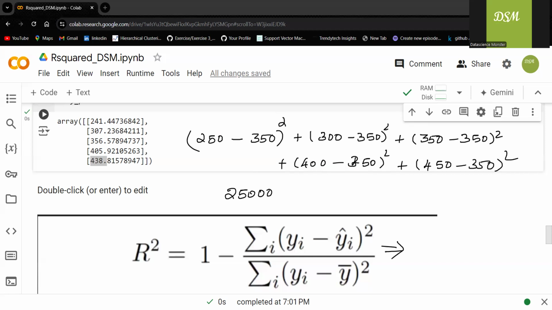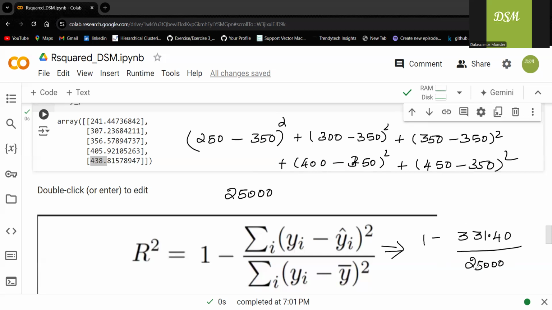So let us now try to calculate this one. What is this R square, right? So R square. So now if you see 1 minus y minus y hat the whole square, already we have calculated that, and that is 331.40 divided by y minus y bar the whole square, we got it like 25,000, right?